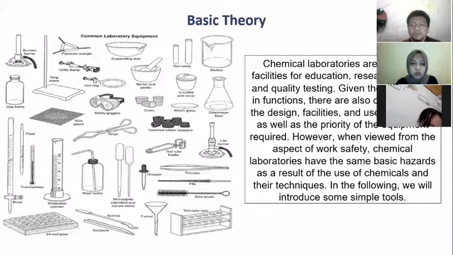Crucible. This tool is used to heat metal. Iron rings. This tool is to clamp the separating funnel in the separation process and to hold the funnel in the drying process. Clay triangle. This tool is to hold the container, for example a crucible when heating or a funnel when filtering.